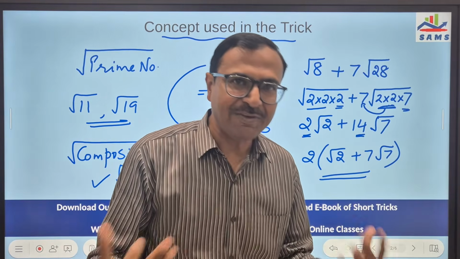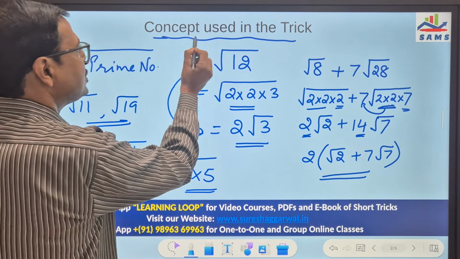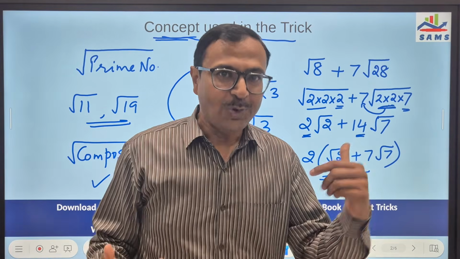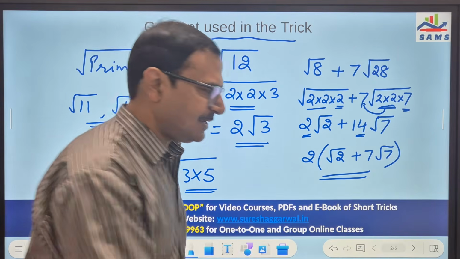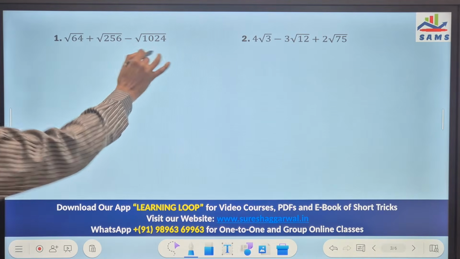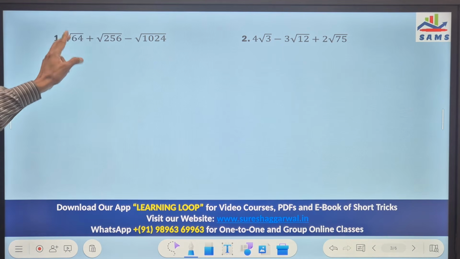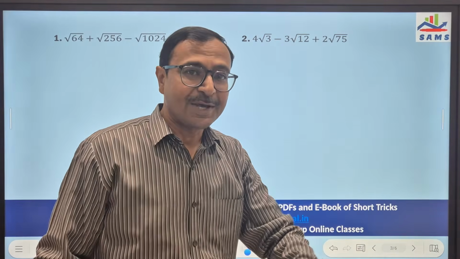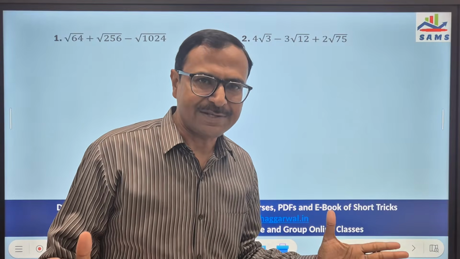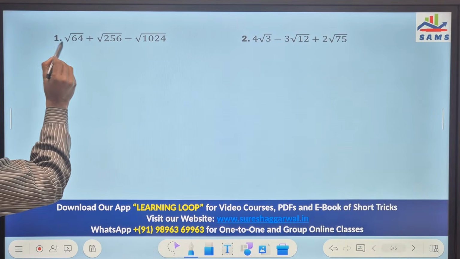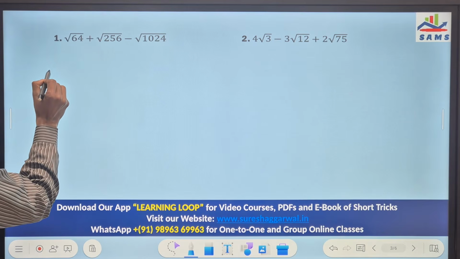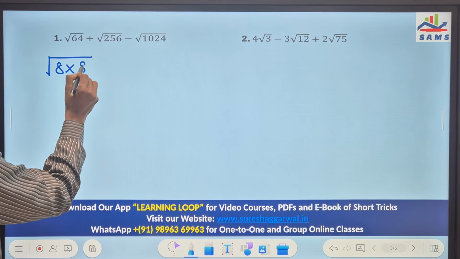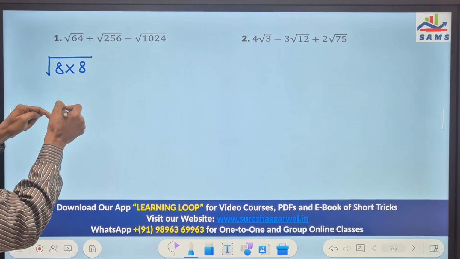Now these are the simplification things, the concepts which you need to know if you want to understand what is going on in the video in the next slide. Let's see. Look at this question here. All are composite numbers, 64, 256, 1024, 12, 75, they are all composite numbers. So I am going to go for factorization. Now, if you know directly that square root of 64 actually is 8, or you know that 64 is 8 times 8, I don't need to write 8 as 2 times 2 times 2.